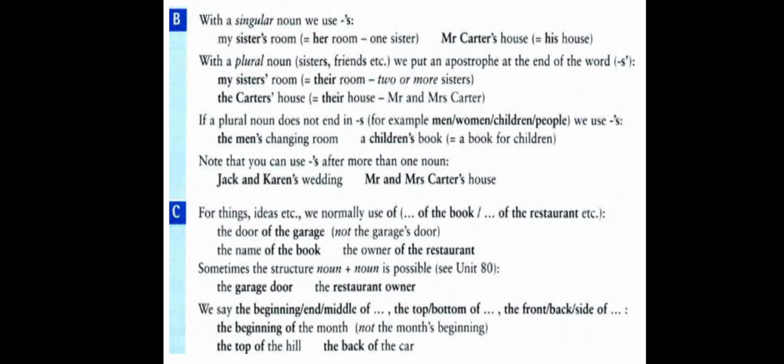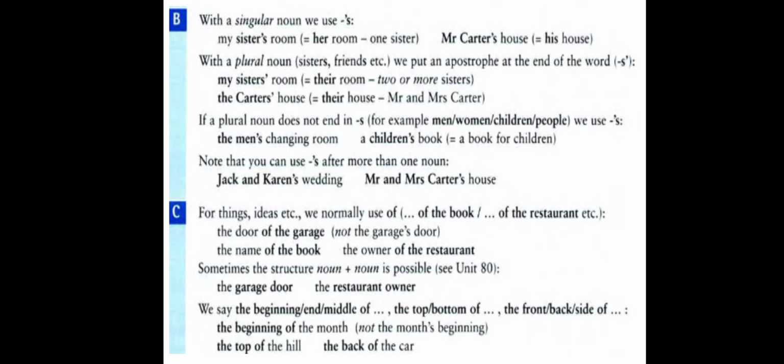But if each of them owns a house, let's say Mr. Carter and his sister. His sister has her own house and he has his own house. So we say, for example, Karen's and Carter's houses.